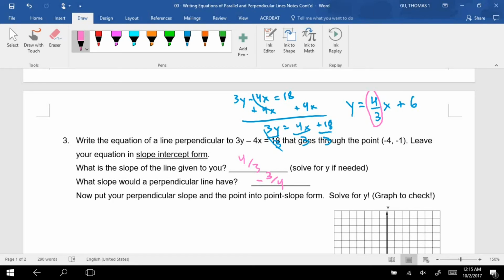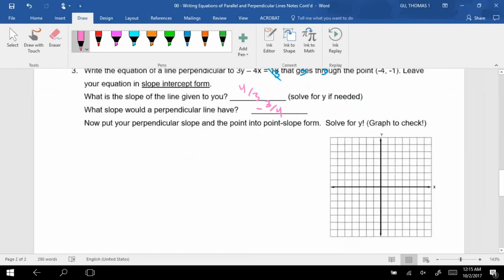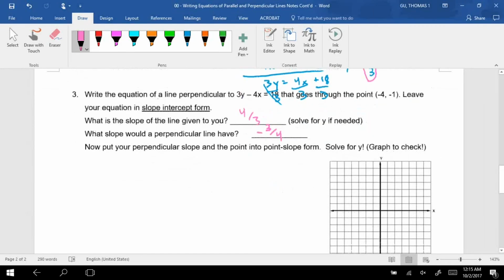Okay, so now we're going to put our perpendicular slope and the point into point-slope form. What is our point-slope formula? It's y minus y1 equals m times x minus x1. Let's label some things right here. We've got x1, y1, and then our slope is right here. So we've got y minus, where's y1? Right there, negative 1.